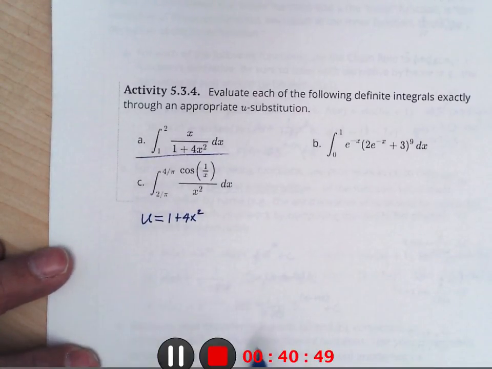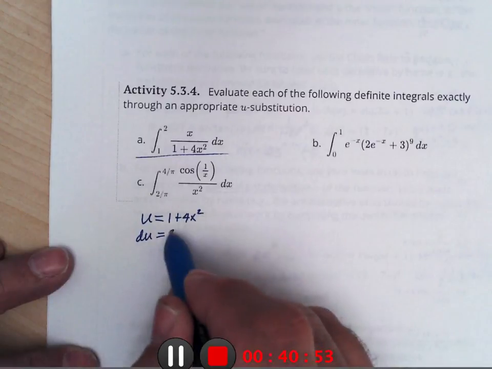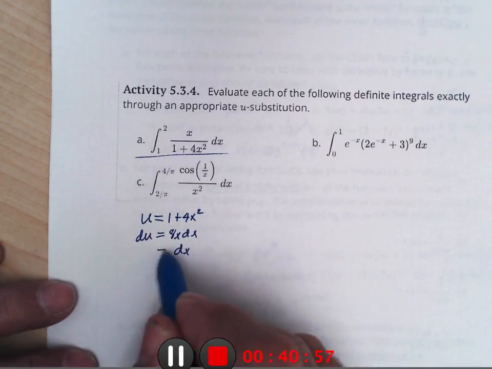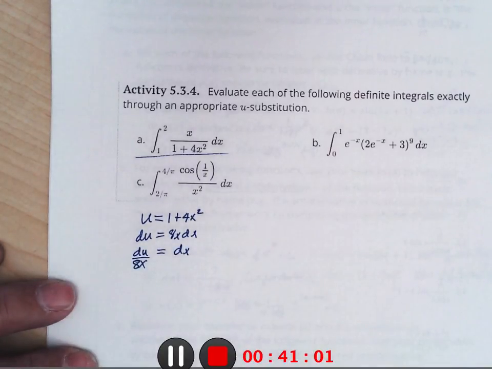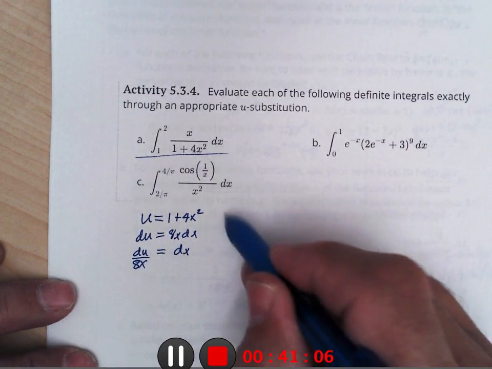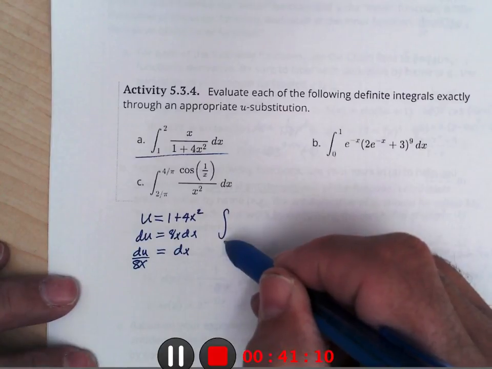So du equals 8x dx, and dx is du over 8x. That x is going to cancel that one. So this is going to become the definite integral. When I go to u, it's not going to be 1 to 2.